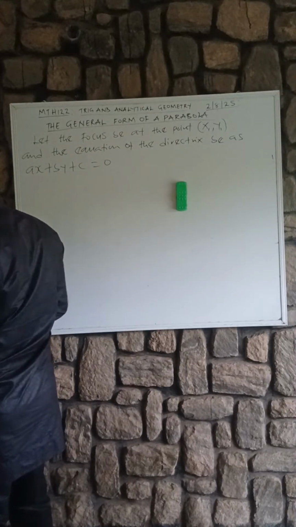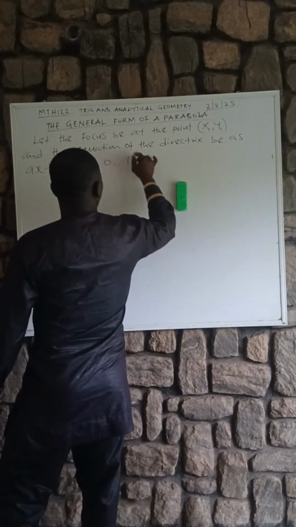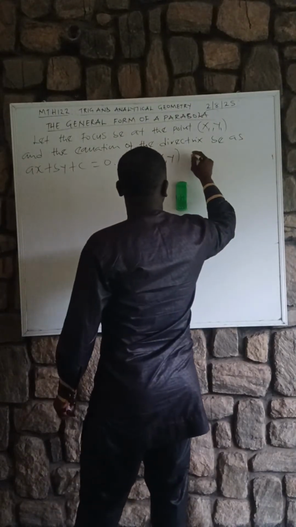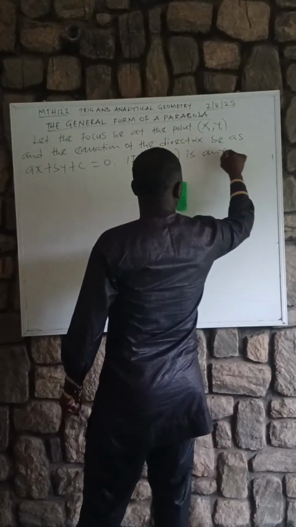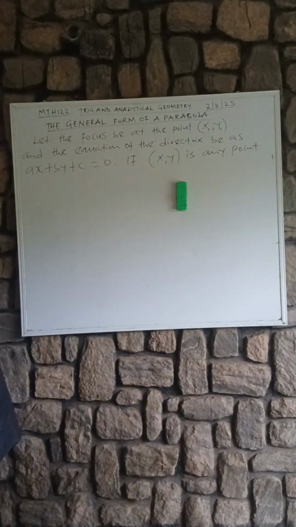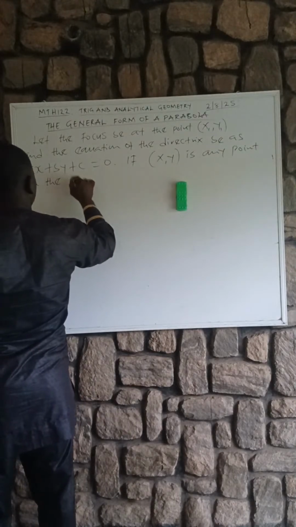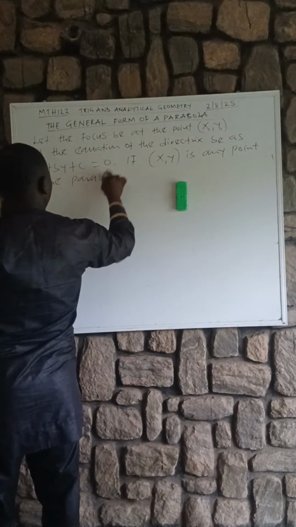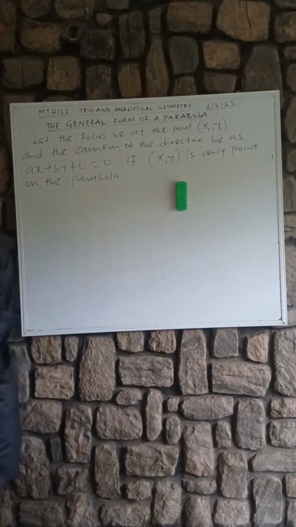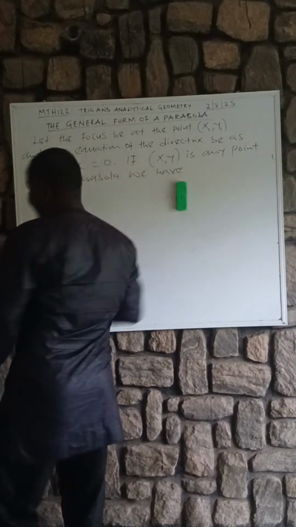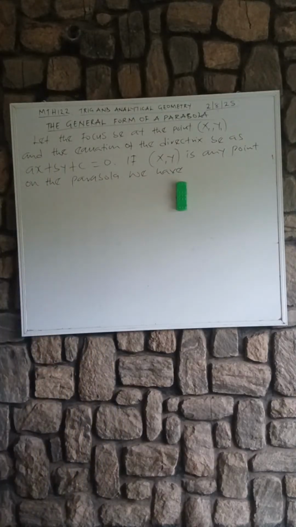If x comma y is any point on the parabola, then we are going to have this.